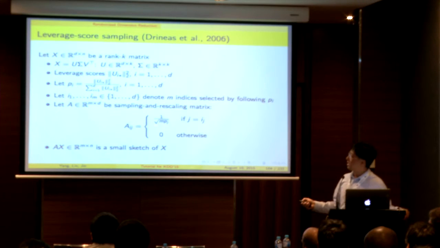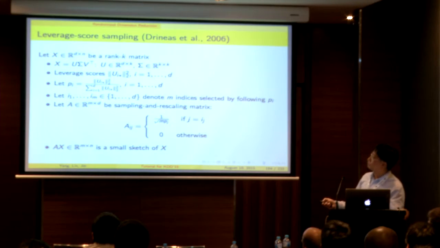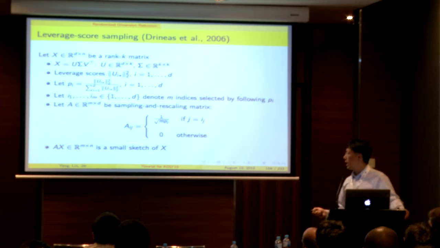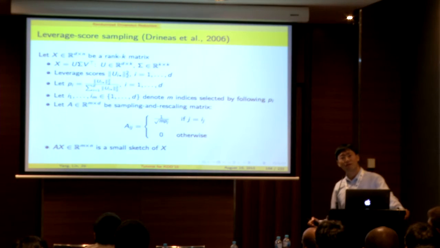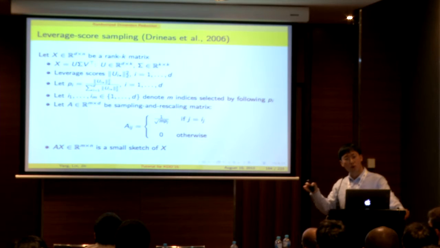That is scaled by 1 over the square root of M, the value of the reduced dimension, times the corresponding probability. Applying this A to the X matrix is equivalent to selecting M rows, each scaled by this value.